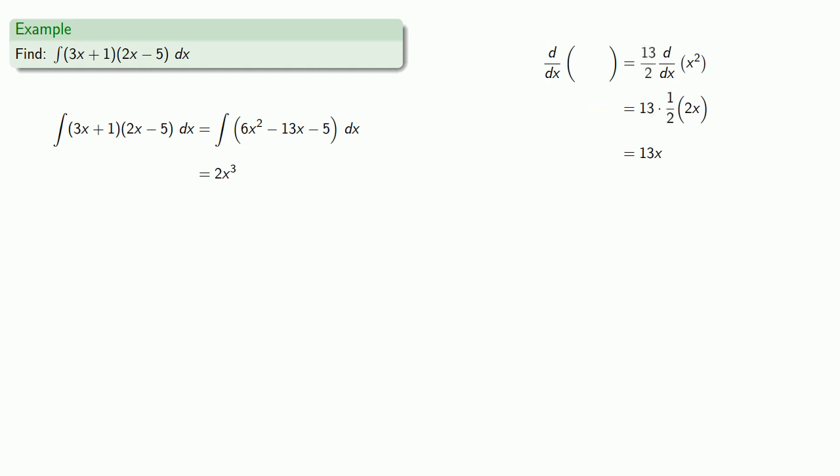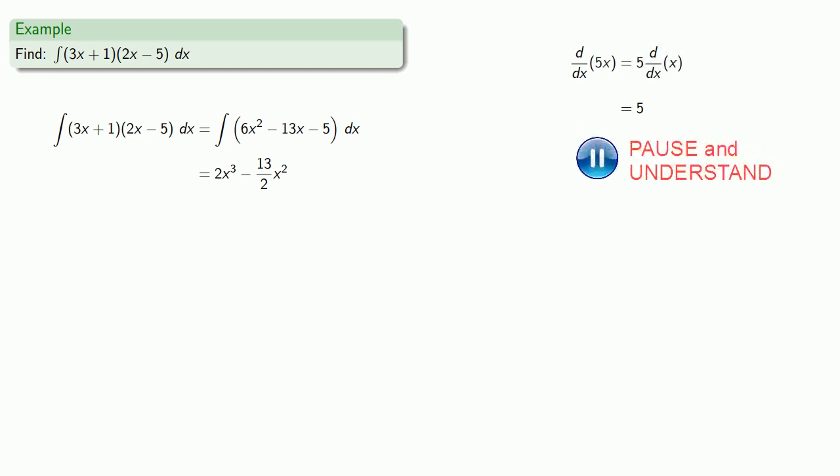And I can include that factor of 13 halves as part of the antiderivative. And then finally, I want that antiderivative of 5. And so that must have come from something like 5x. So I can put the pieces of the antiderivative together, and don't forget, plus any constant at all.